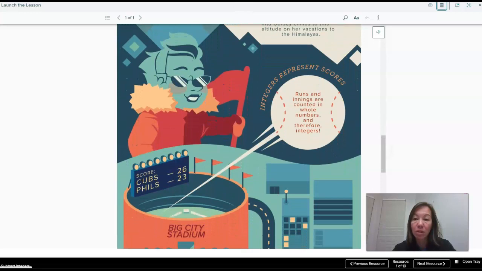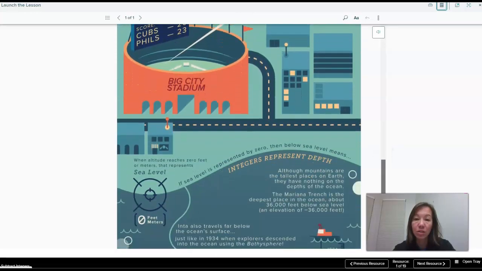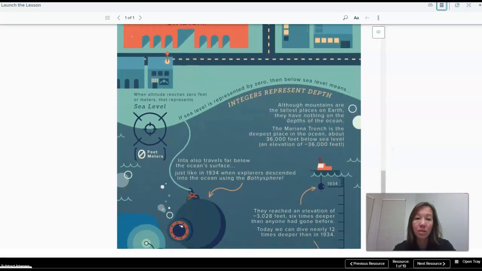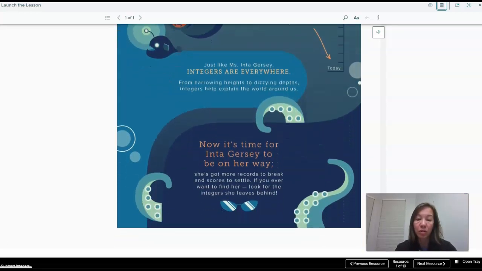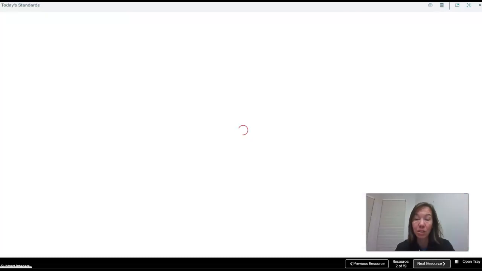Runs and innings are counted in whole numbers and therefore are integers. When altitude reaches 0 feet or meters, that represents sea level. Anything above sea level is a positive integer, and anything below sea level would be a negative integer. So integers are everywhere, and we are going to spend some time learning operations with integers in this chapter.